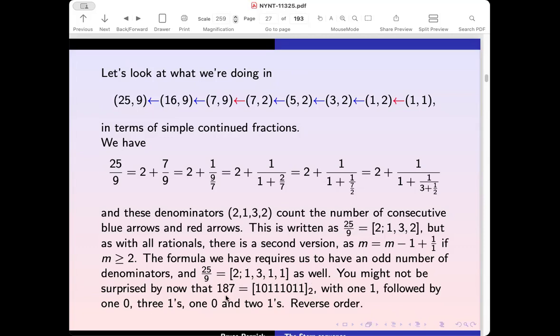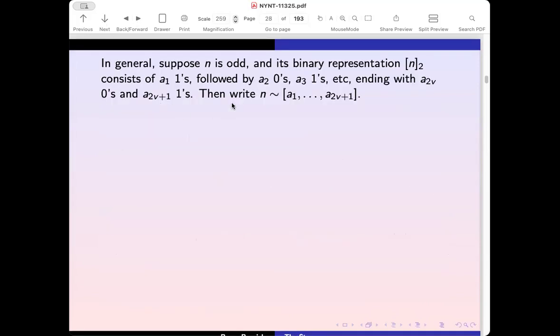Now, if you write 187 in binary, you have 1, 1, 1, 0, 3 1s, 1, 0, and 2 1s, and that's the reverse of the coefficients in the denominator. In general, suppose n is an odd number, and this is its binary representation, zeros and ones.